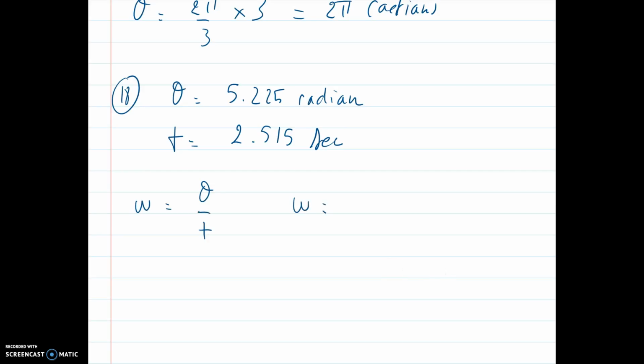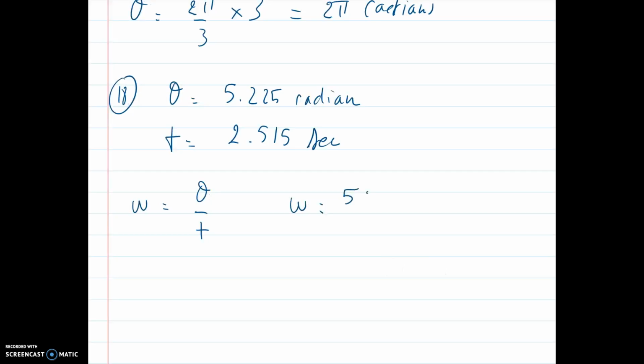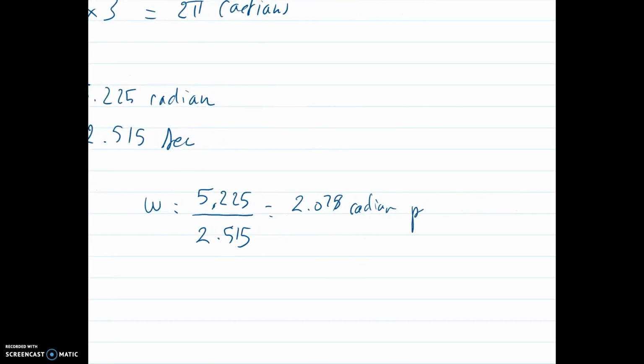Applying this, we have 5.225 divided by 2.515, and we end up with a value of omega for number 18 of 2.078 radian per second.